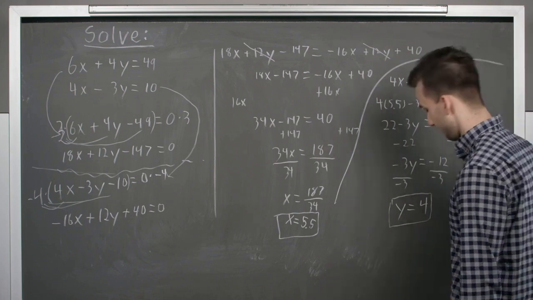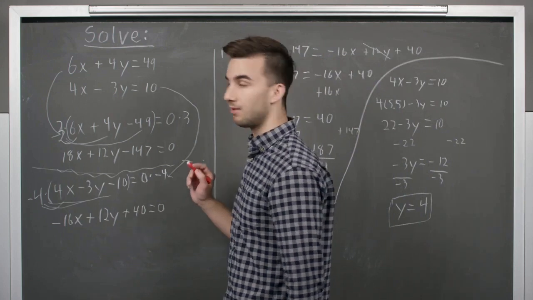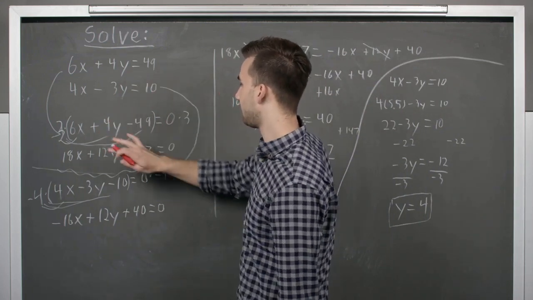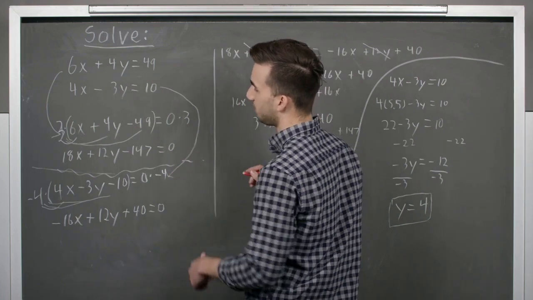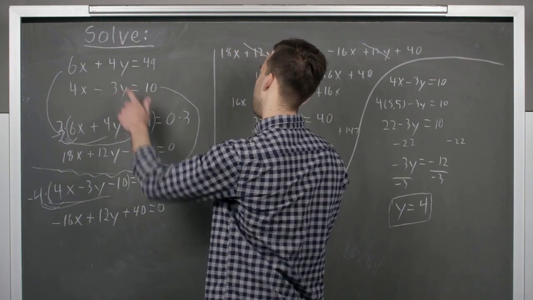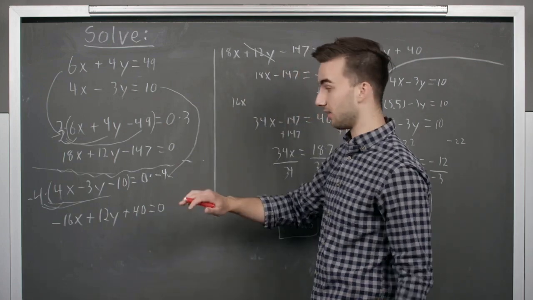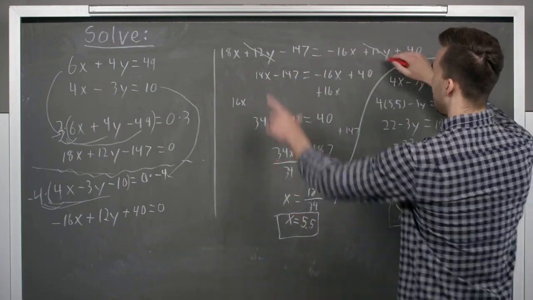Once again, we solved using addition or subtraction, and what we did was we multiplied. Well, first we got everything on one side of the equal sign, and then we multiplied it by something that would cancel out the y's, right? Because the y's were equal to each other. And then because both equations were equal to 0, we set them equal to each other, and then we were able to cancel the y's out.